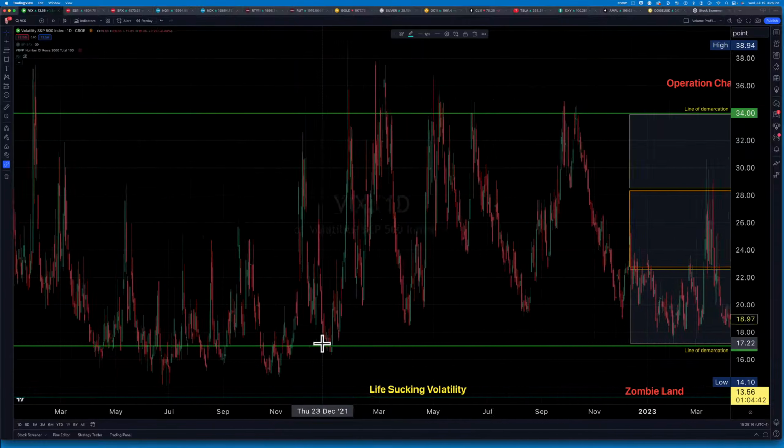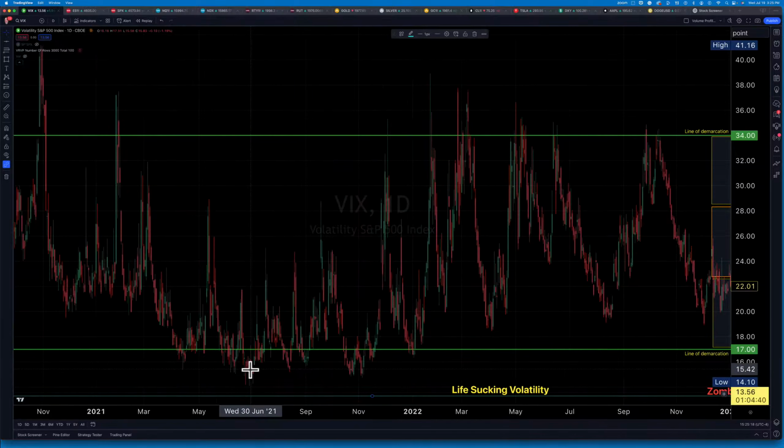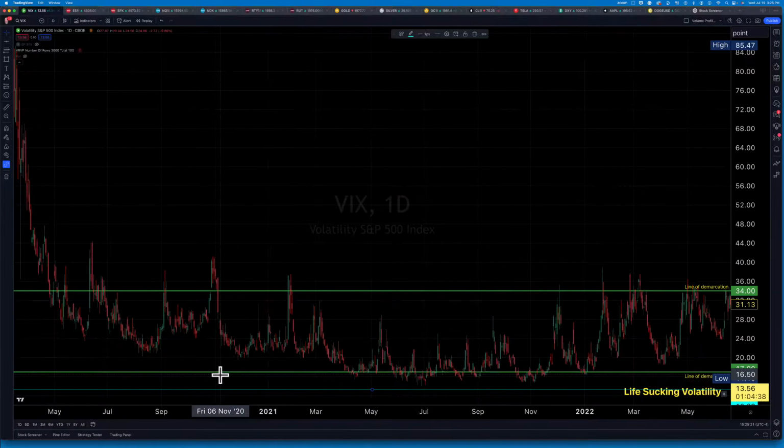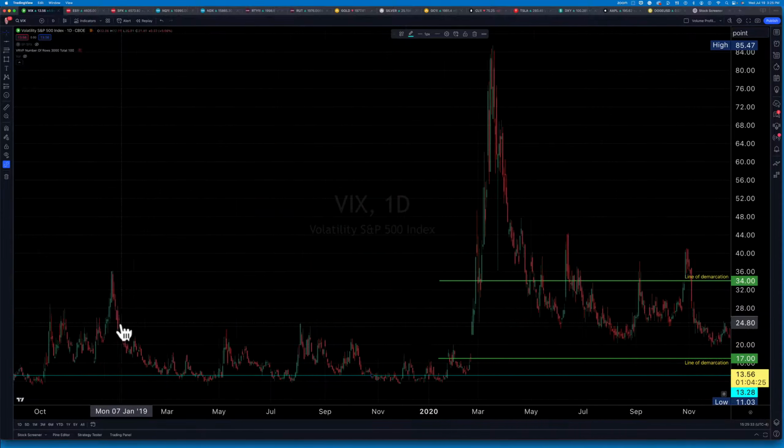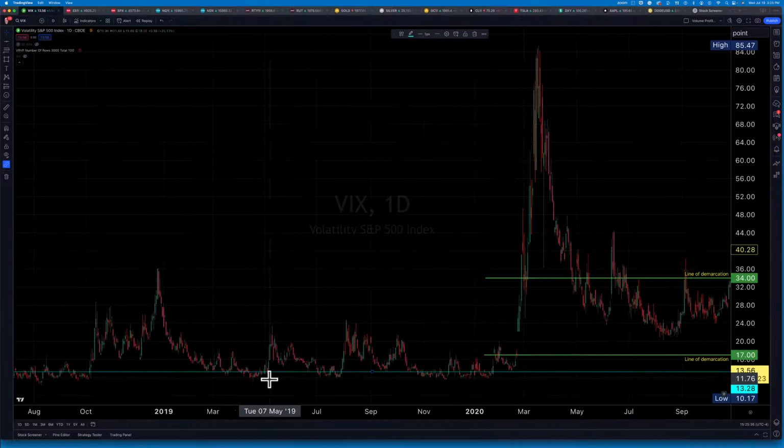And you can see that you have to go back all the way to 2020 before you see volatility that low. Wow. Now, it stayed that low for a fair amount of time and even got lower than where we are for periods of that time between 2019 and 2020.